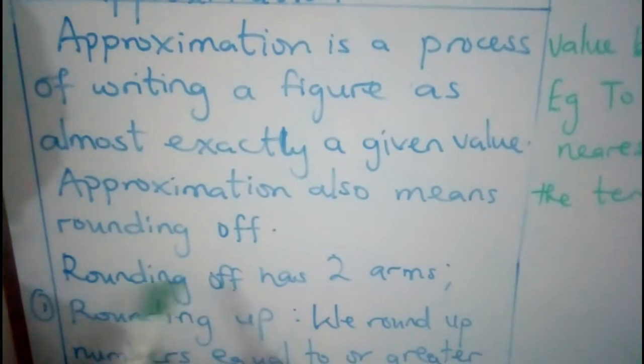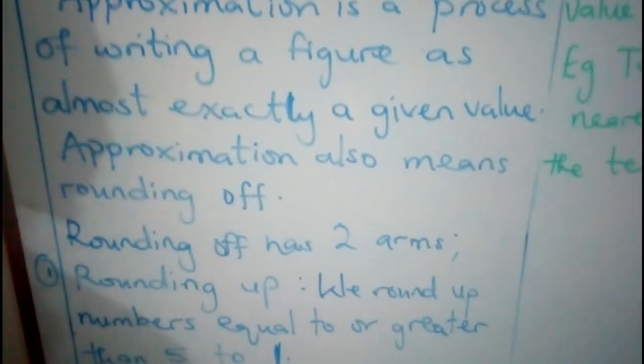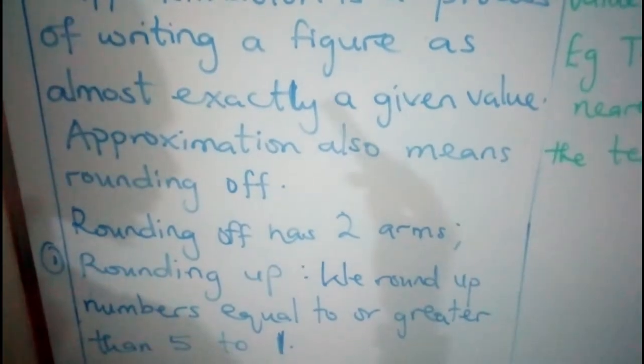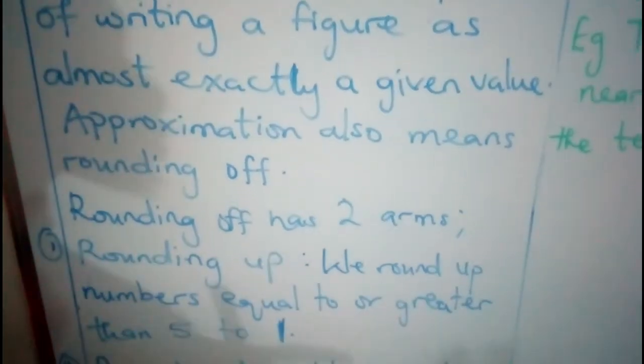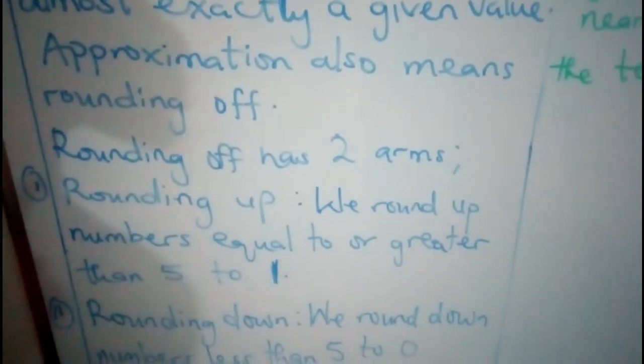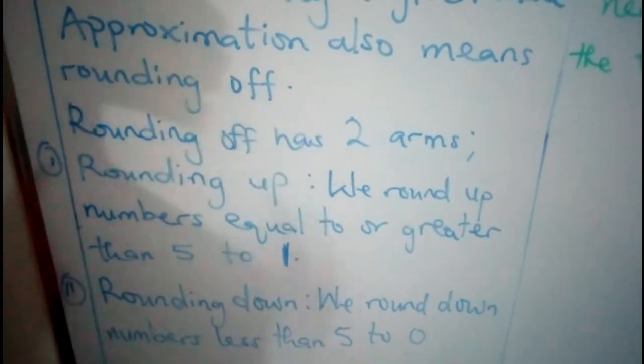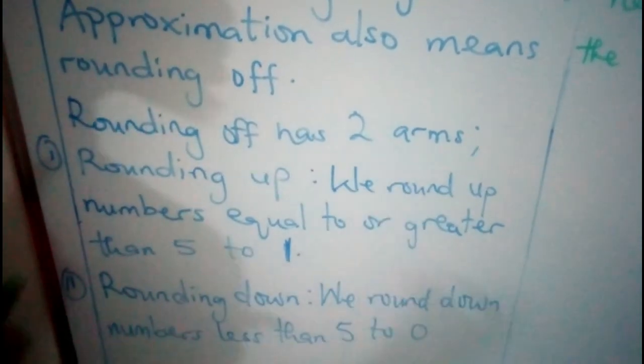All right, rounding off has two parts or two arms, like you can see on the board. The first part of rounding off is rounding up, while the second part is rounding down. How do we know numbers to round up, and what exactly do we round up to? We round up to 1. And what are the numbers we round up?